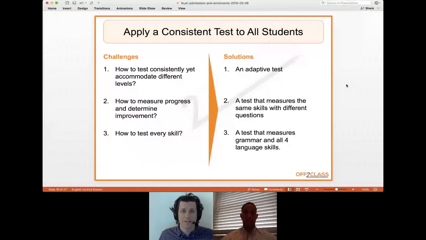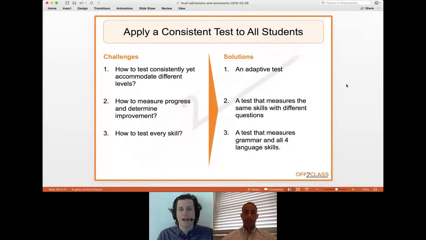And then the third challenge with consistency is making sure that you test every skill. So it's fine to test grammar. Grammar is a starting point. There are lots of online tests for free that will give someone a basic grammar test. But how do you go beyond grammar? How do you make a test that will cover the four essential skills of language: speaking, listening, reading, and writing, all in one comprehensive test that gives you an overall idea of the student's abilities?